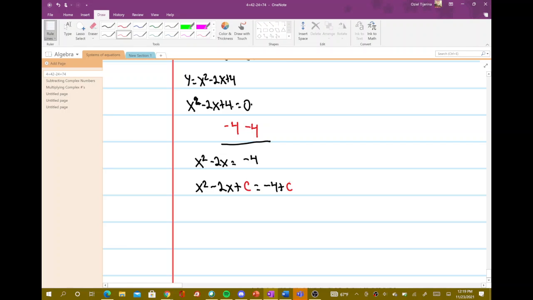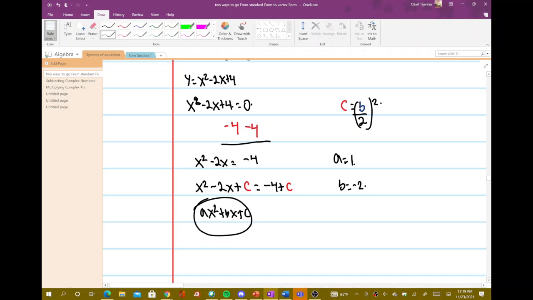There's a specific formula that says c equals your b value over 2 squared. Now we know what a and b are. a equals 1, because 1x squared, and b is negative 2, because ax squared plus bx plus c.